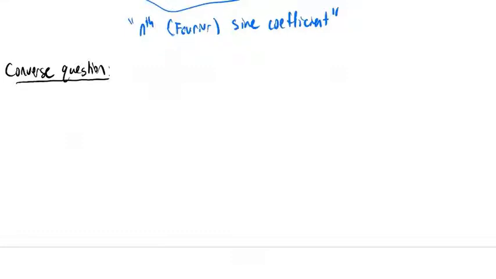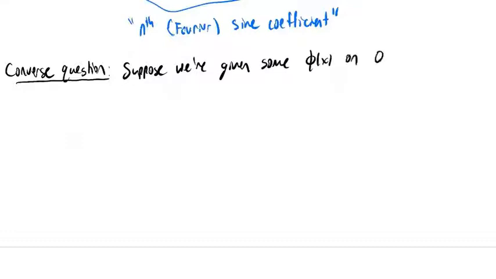Suppose we're given some function phi of x, defined on the domain between 0 and L. And suppose we define the Fourier sine coefficients as above.